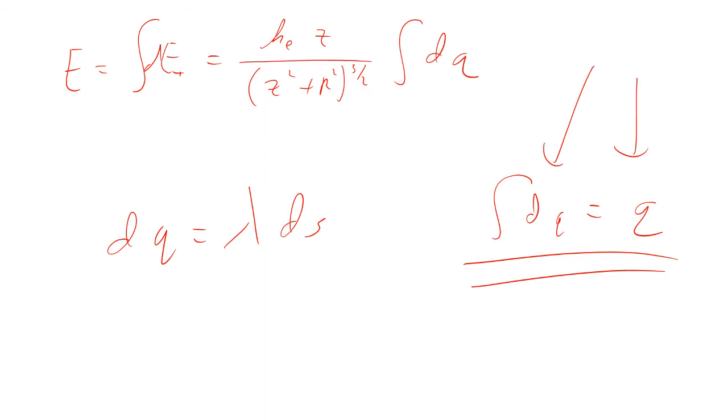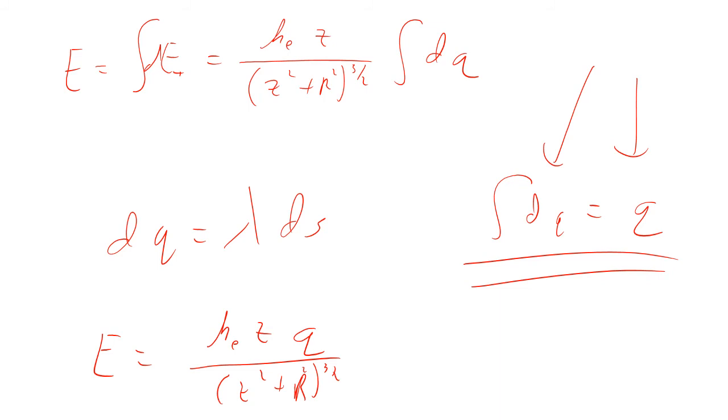So E is going to be k z q over z squared plus r squared to the 3/2. And that is the result here. That means you don't even have to worry about how the charge is distributed around there.